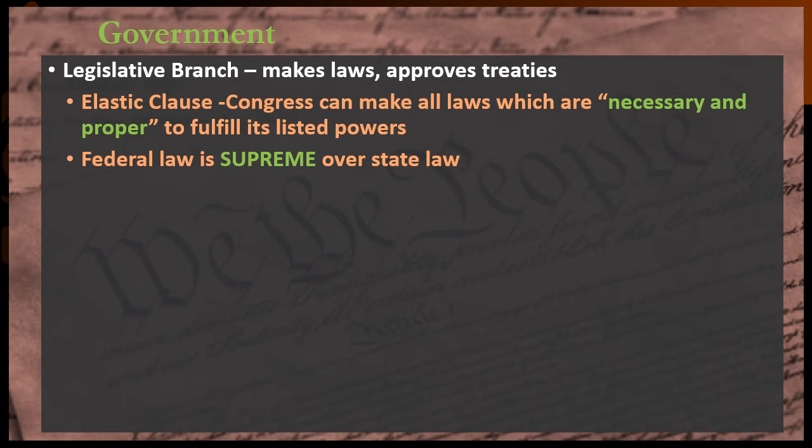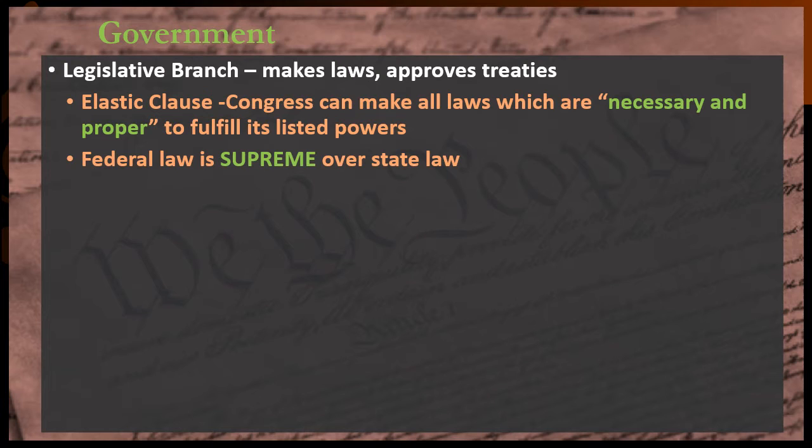One of the first things that Americans had to try to figure out was exactly what the legislative branch could do and could not do. Federalists had told Americans the legislative branch would be powerful, but it would also be limited. But there is a phrase in the Constitution that gives that legislative branch a lot of wiggle room.